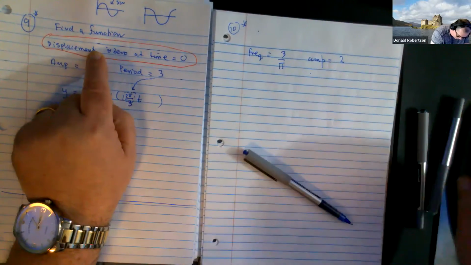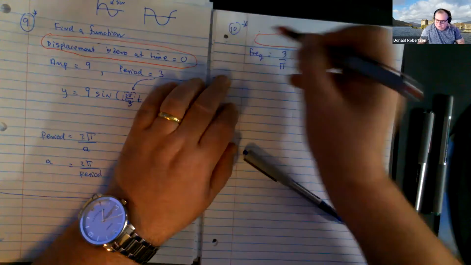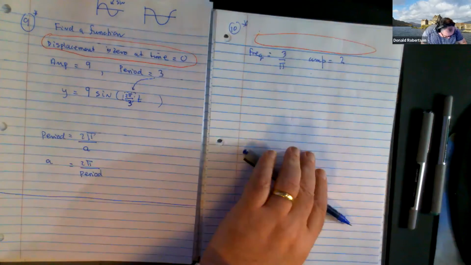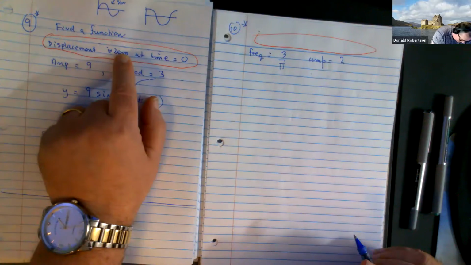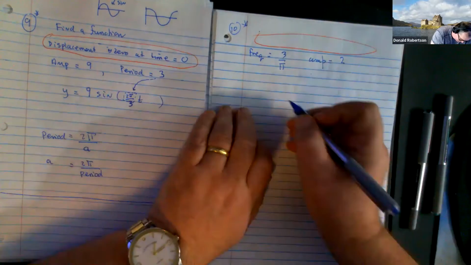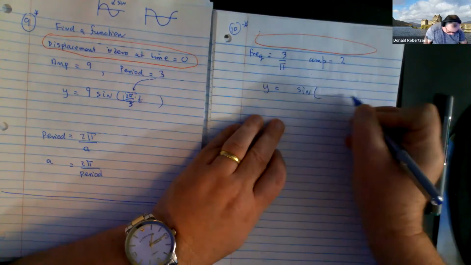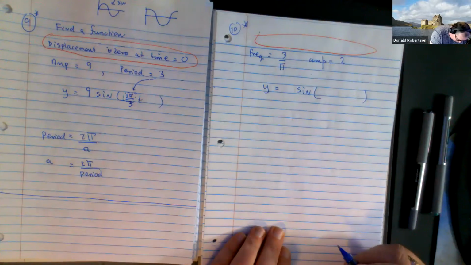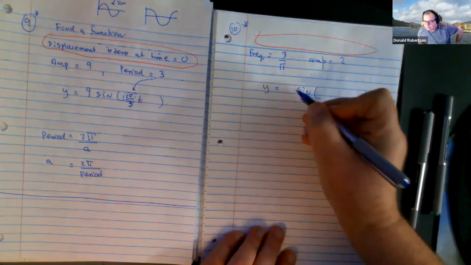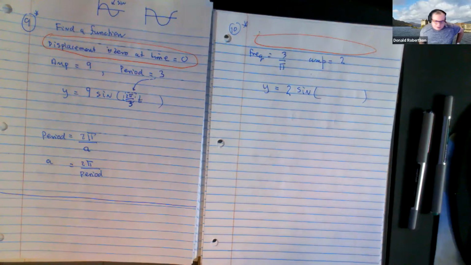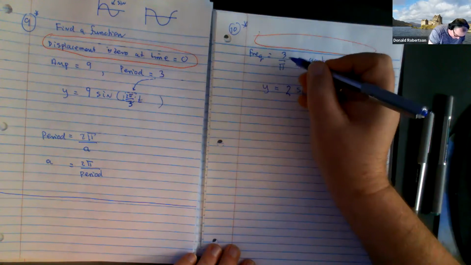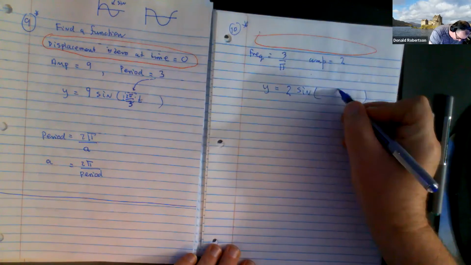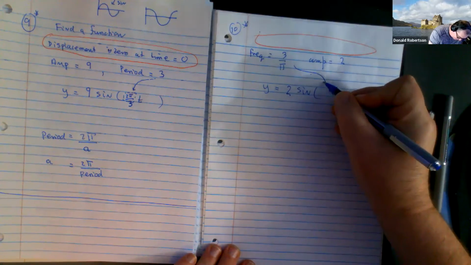Right, I don't want to write that sentence again, but can you imagine I wrote that sentence again up here? Since they told me the displacement is 0, the y value is 0 when time is 0. That means I am going to be doing a sine of somebody. So far, so good. Now the amplitude is 2. They're telling me the frequency, and that is eventually going to give me the number that goes here.